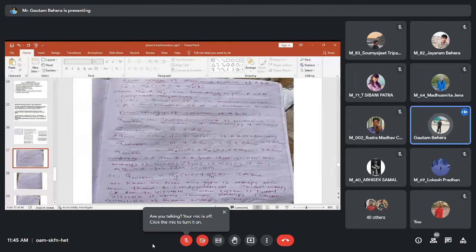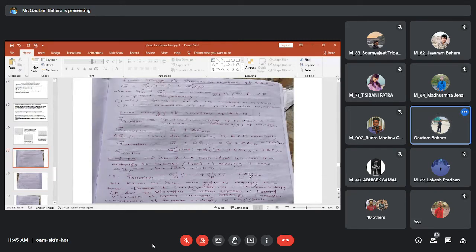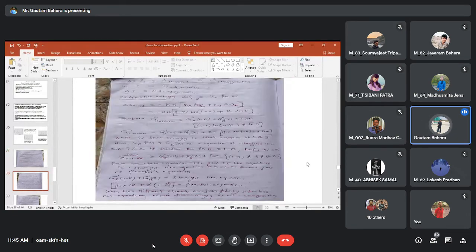G solution is equal to the mechanical mixture free energy plus the free energy of the solution term, where del H mix is 0. The same thing I have written here, but instead of del S mix, I have taken del S configuration, and we already saw what del S configuration is.